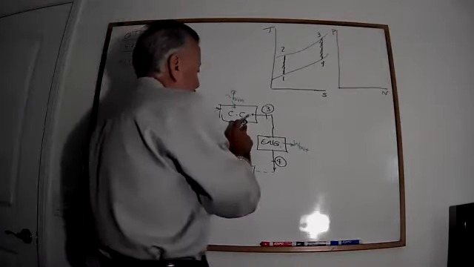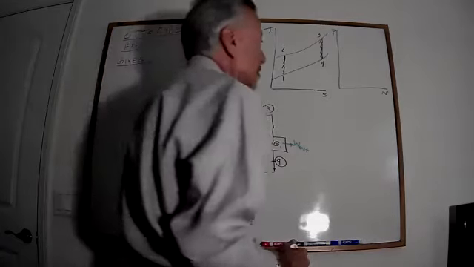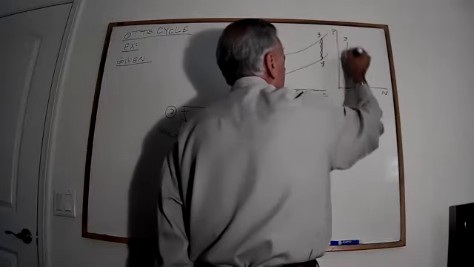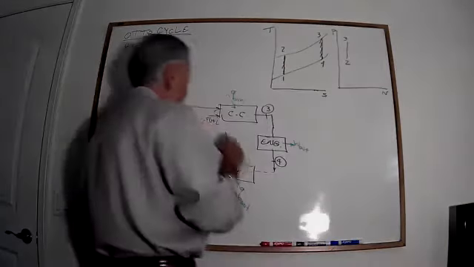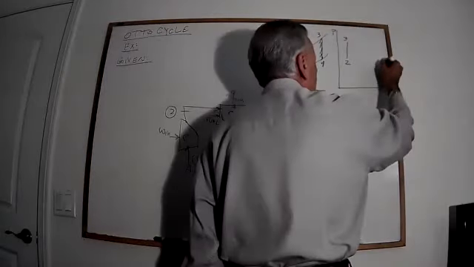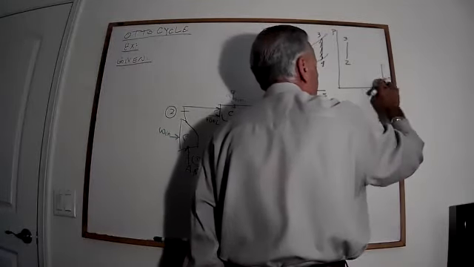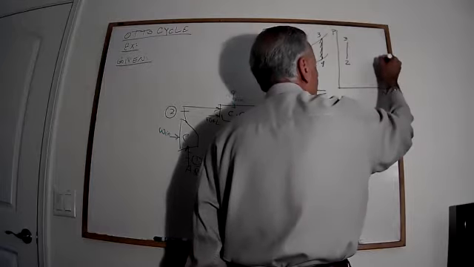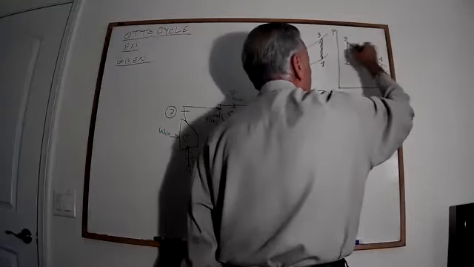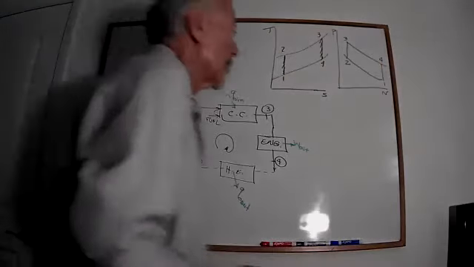The heat added to the system and rejected from the system happens at constant volume. So we have 2 to 3, that's our Q in, and 4 to 1, that's our heat rejection. That completes our TS and PV diagram.